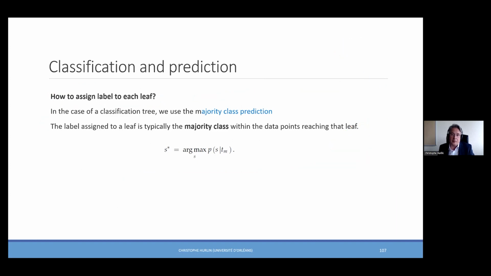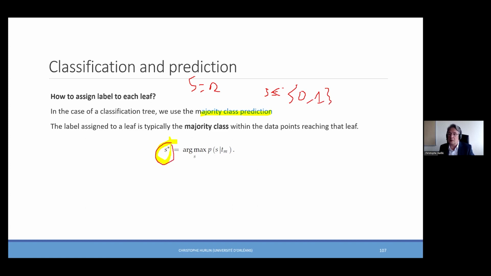In general, in case of classification, we use what we call the majority class prediction. This is very, very simple. Let us remember that y takes two values, 0 and 1, y is an element of {0, 1}.